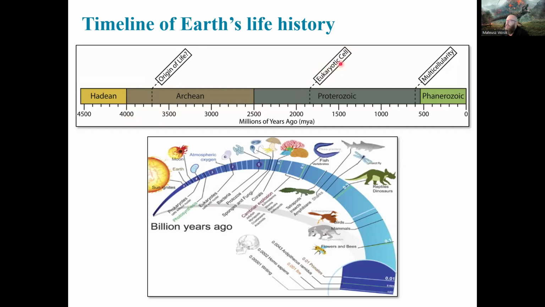Then the first eukaryotic cell occurs in the Proterozoic, a little bit before or after 2 billion years ago. And then multicellularity, so multicellular organisms like ourselves that have more than one cell, doesn't occur until not too long ago, a little bit more than 600 million years ago or so, compared to how long the planet's been around, about 4.6 billion years now.